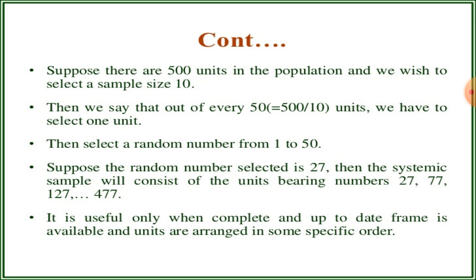Then the systematic sample will consist of the units bearing numbers 27, 77, 127, and so on up to 477. It is useful only when a complete and up-to-date frame is available and units are arranged in some specific order.